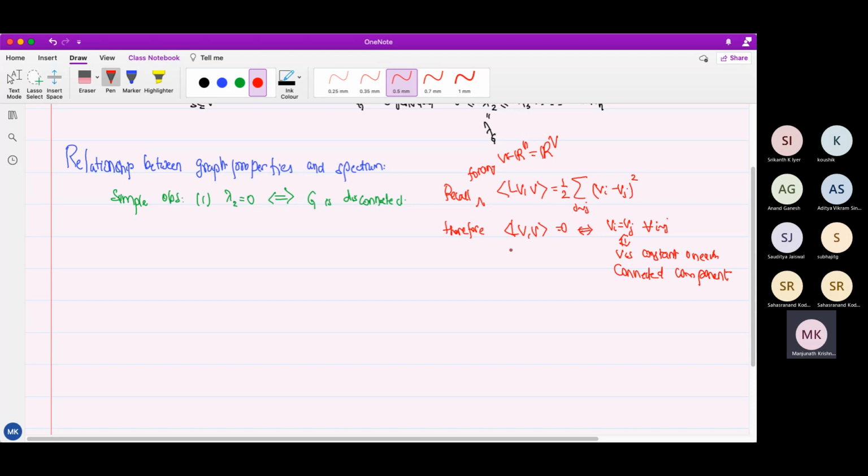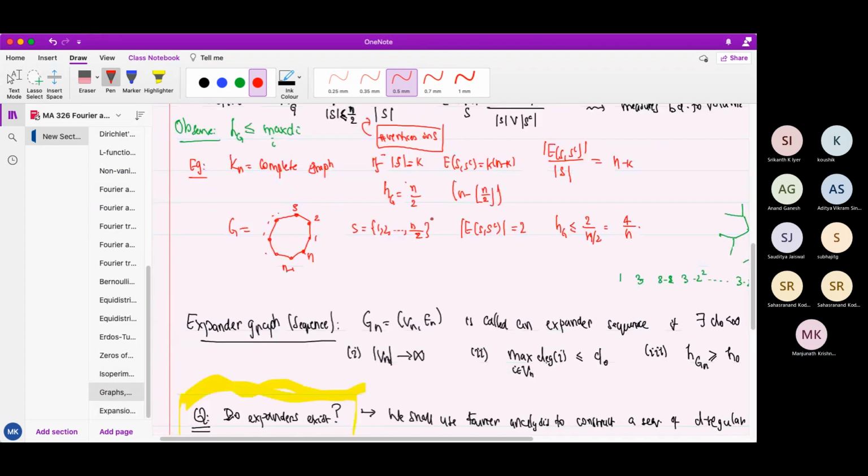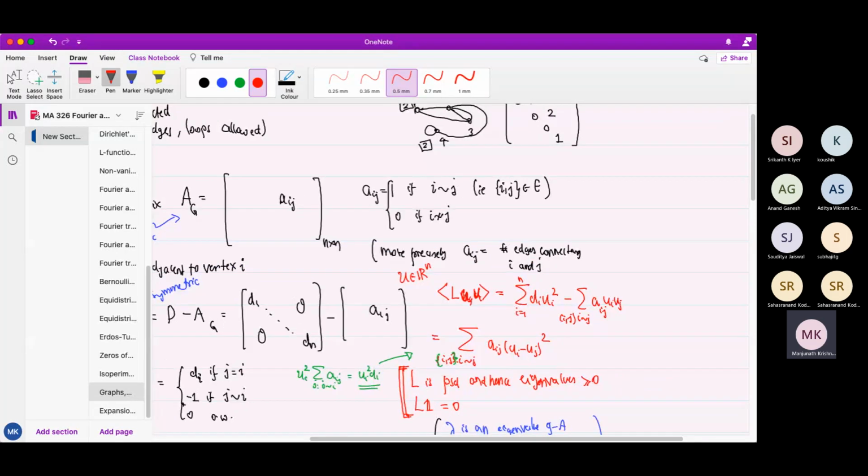Either way, LV inner product V is just that. Here I got LU inner product U is the sum of di ui squared minus the sum of aij ui uj. I'm just thinking of simple graphs here; you can work it out for the general case. Is it clear or no?